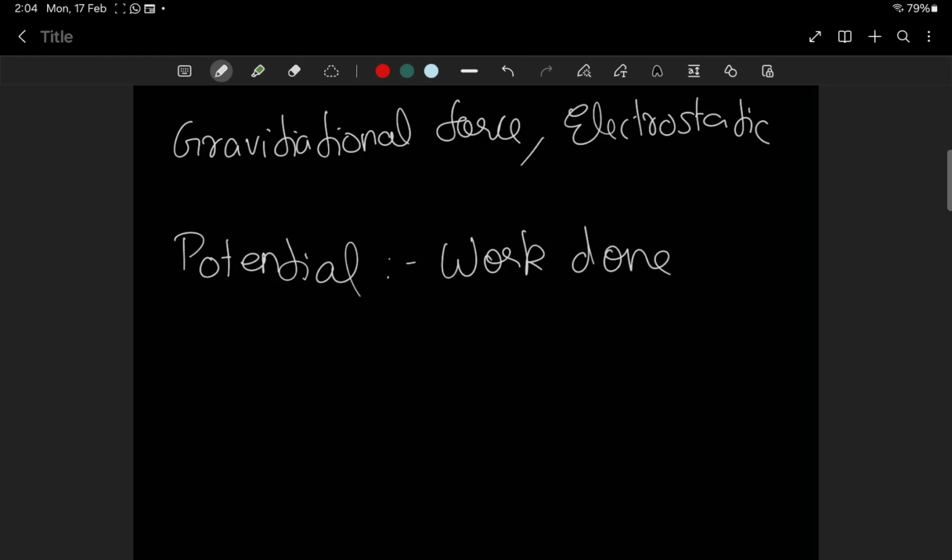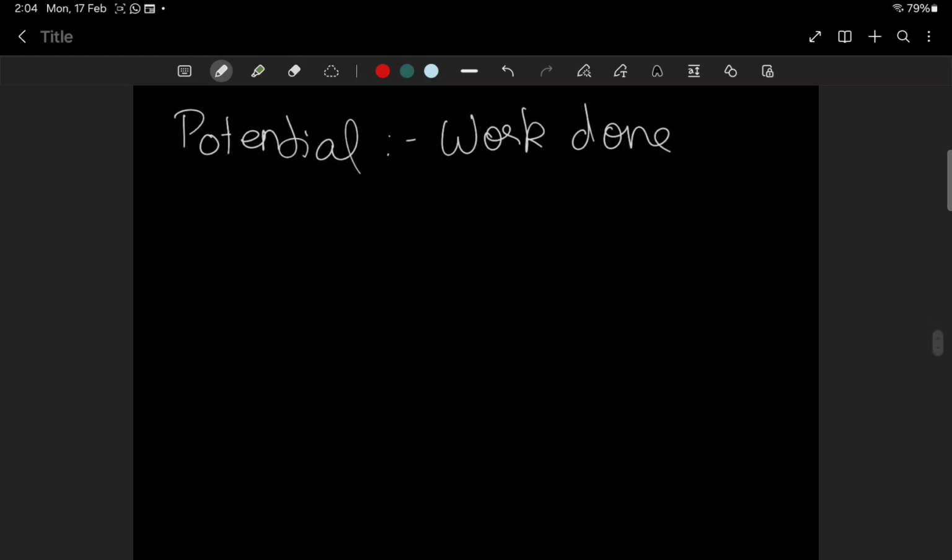So as that, we have electrostatic potential, which we'll be learning in this chapter.